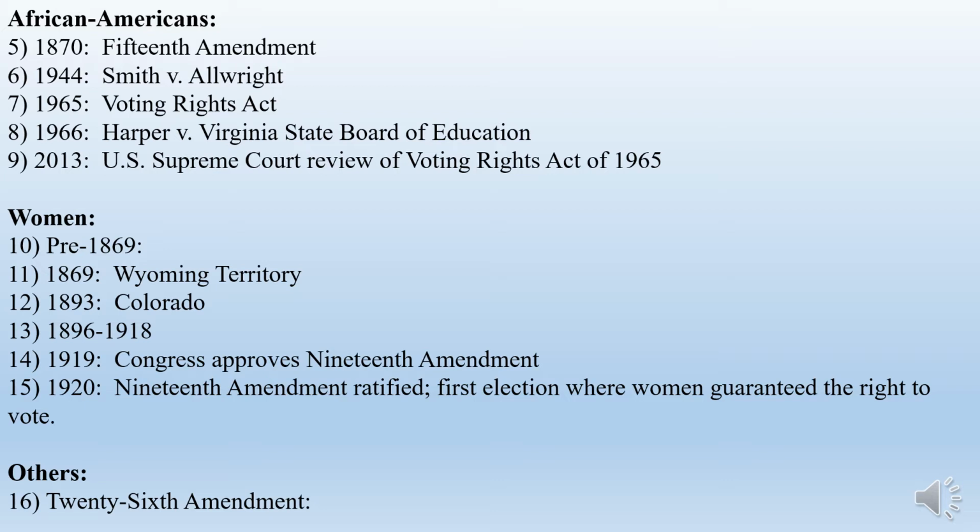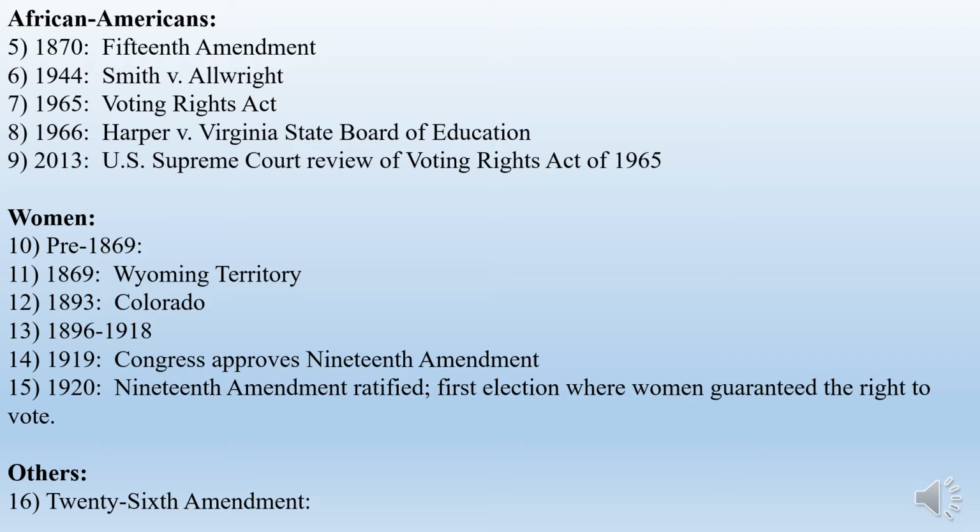In 1966, Harper v. Virginia State Board of Education was another Supreme Court case. This will finally strike down the usage of poll taxes. What was happening with a lot of these lower level elections was that they were still putting on poll taxes. You had to pay a tax or a fee in order to vote.